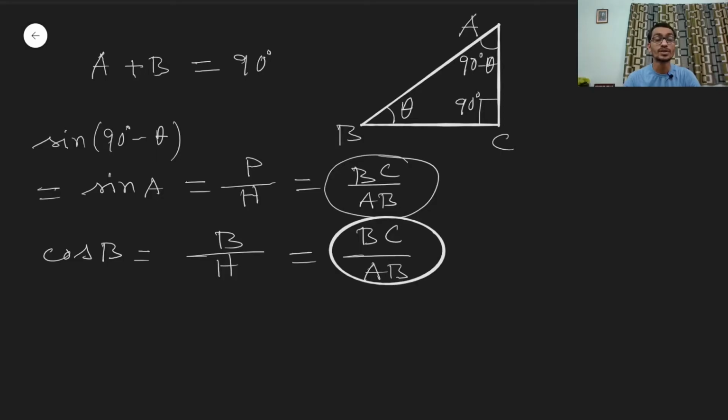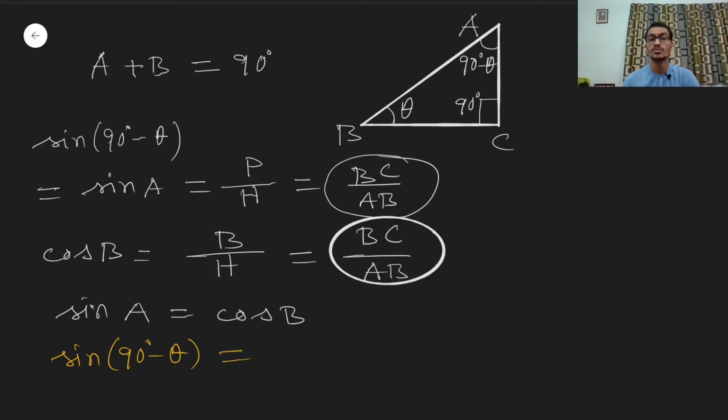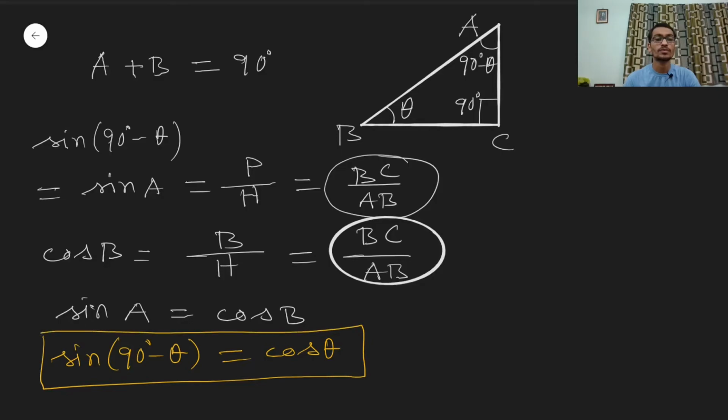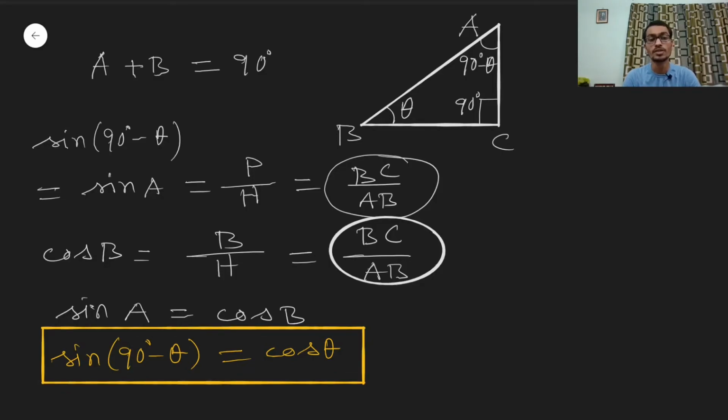Okay, so we can write sine A equals cos B, or you can write it as sine 90 degree minus theta equals cos theta. So we have got another relation between sine 90 degree minus theta and cos theta.